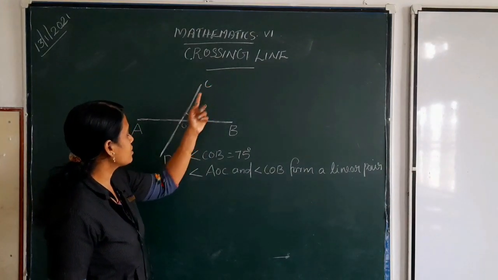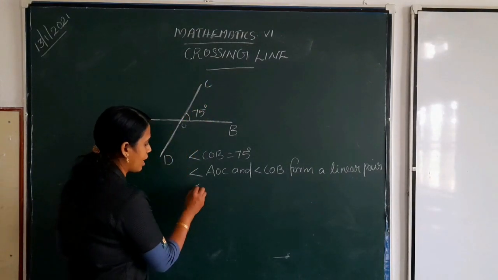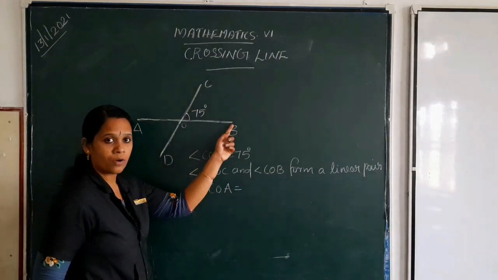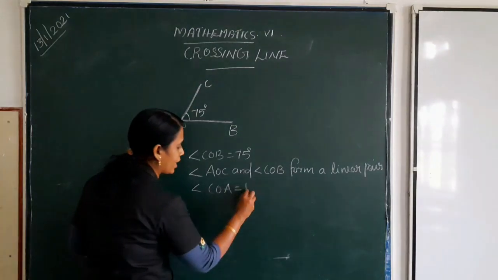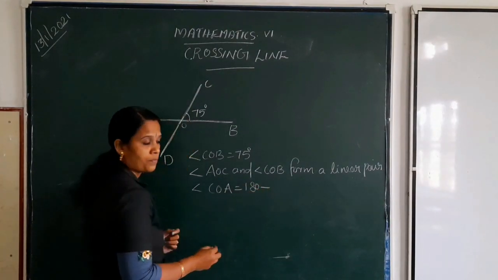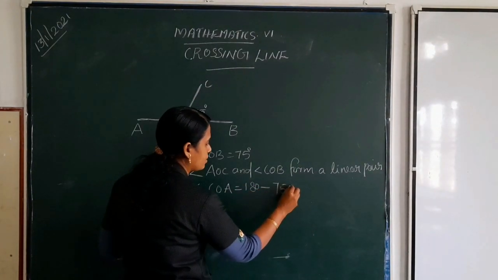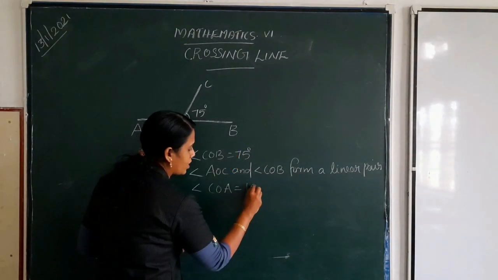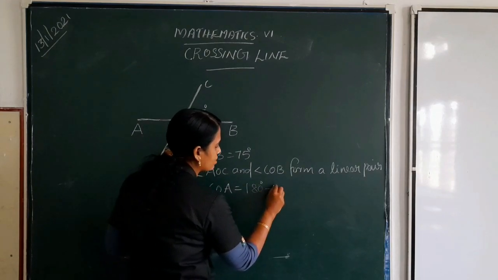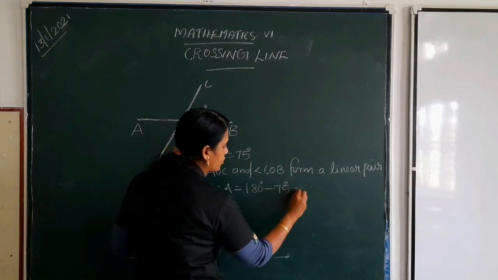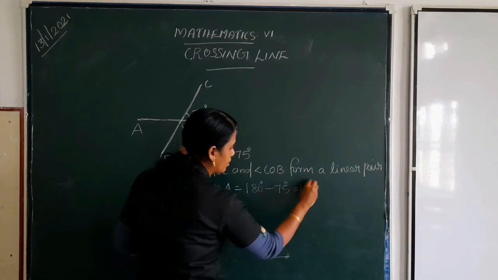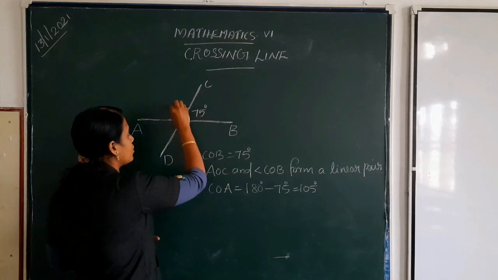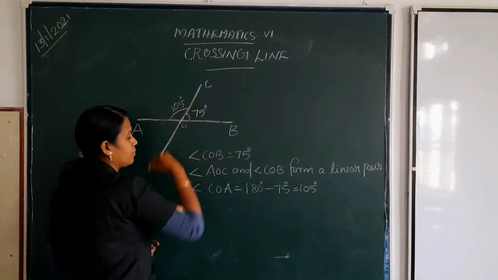How much is angle COA? We know total 180 degree. So 180 minus 75 is equal to 105. 180 degree minus 75 degree is equal to 105 degree. So angle AOC is equal to 105 degree.